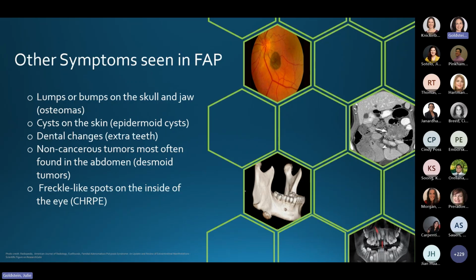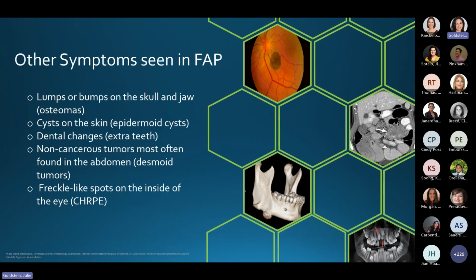I always say that's what my kids' teeth look like before they got their palate expanders. Sometimes we can see non-cancerous tumors in the abdomen called desmoid tumors. What's also really interesting is we can see something called CHRPE, which is really only seen in FAP. That stands for congenital hypertrophy of the retinal pigment epithelium.